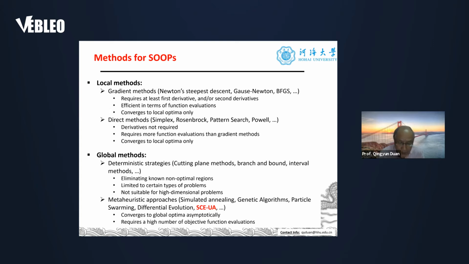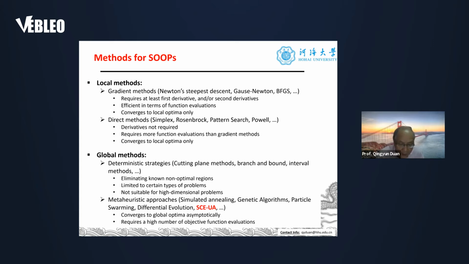And over the last 30-40 years, this category of methods became very popular: meta-heuristic methods. These methods make use of principles we see in different disciplines, like in material science, the annealing process. Similarly, annealing allows you to find the global optimum, and the genetic algorithm and particle swarming are based on evolutionary principles.